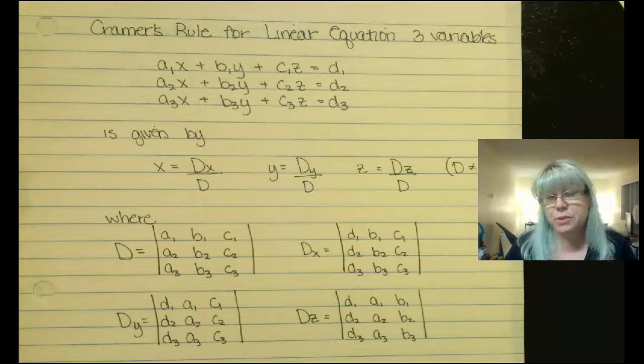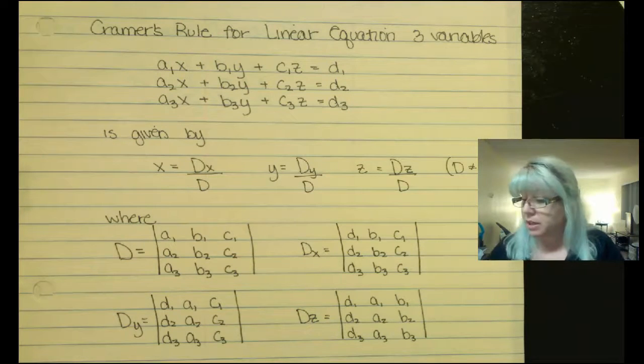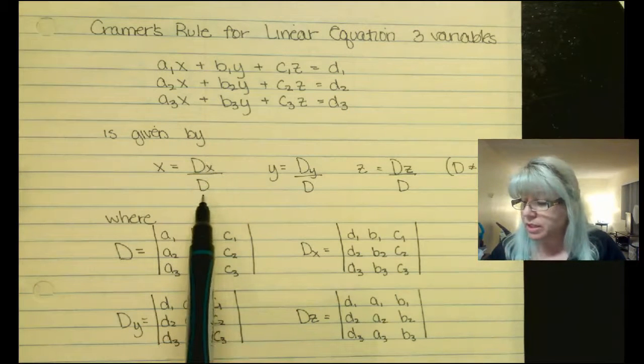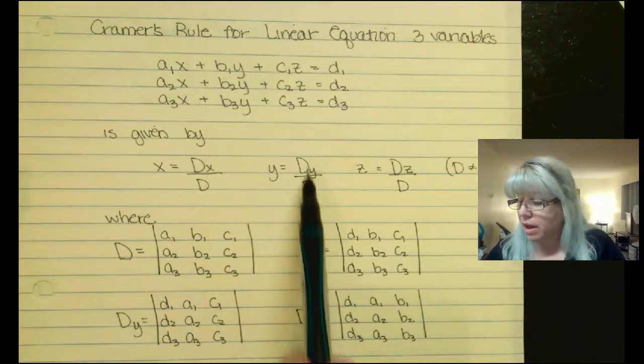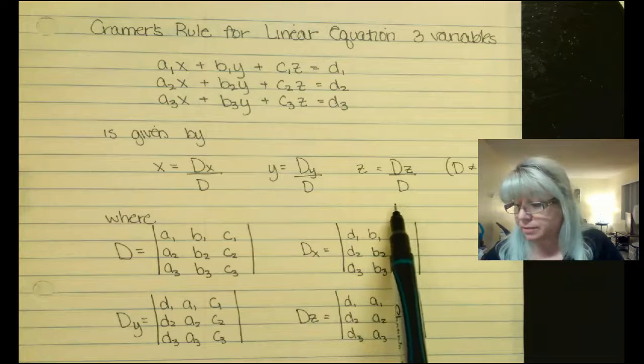It's very similar for a system of equations in three variables. The answer is still x equals dx over d, y equals dy over d, but now with the third variable it's dz over d.